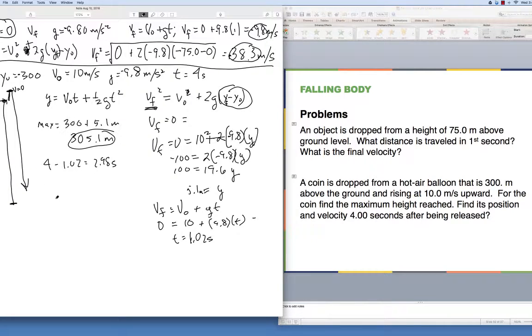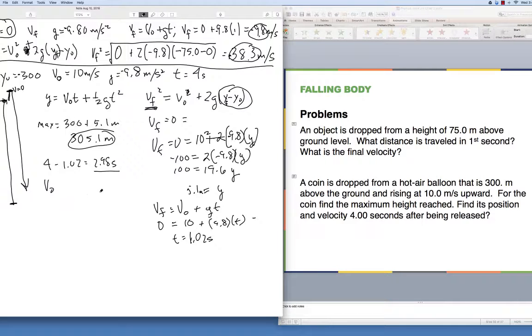So we start at this point, and we're allowed to fall this far. And it wants to know the velocity and position at that point. Again, we can use this, because we know at this top V0 is now 0.